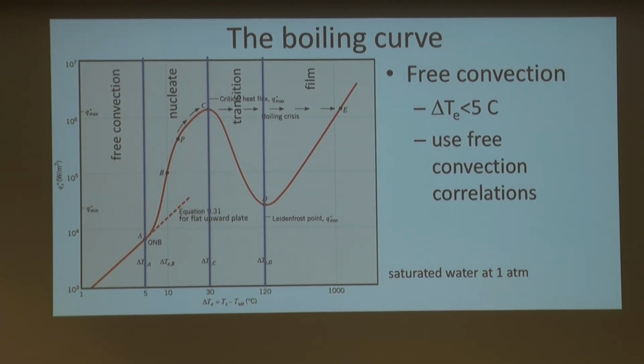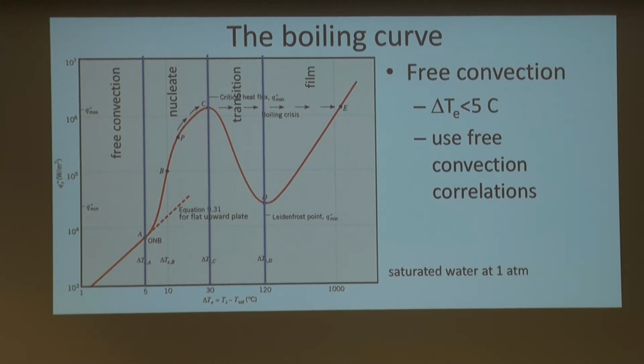Between an excess temperature, and this is for water at 1 atmosphere, other fluids behave similarly with different numbers. So up to 5 degrees of excess temperature, so in the case of water at atmospheric pressure would be up to 105 degrees of the surface, what we have is that although there is an excess, buoyancy, natural convection takes care of things.